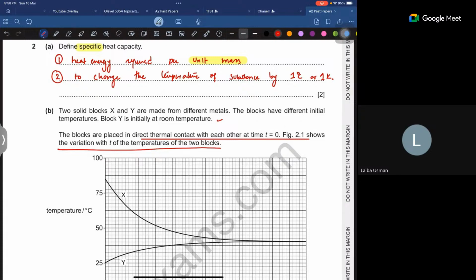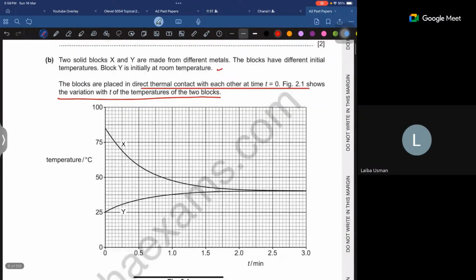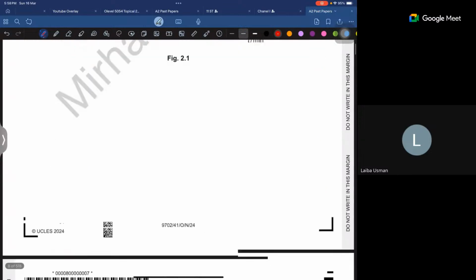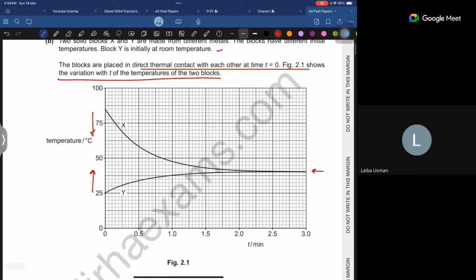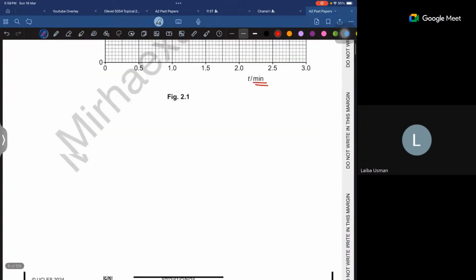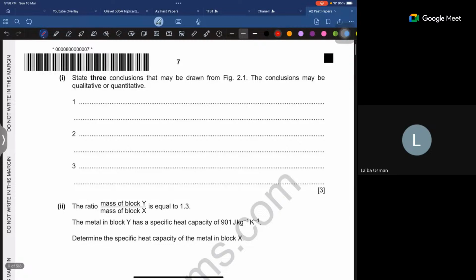So one block X is losing heat, the other one is gaining heat, and they come at an equilibrium temperature, which is right here. So then we're going to check what this is. This is in minutes. Always check that before you start the question. It's very important.